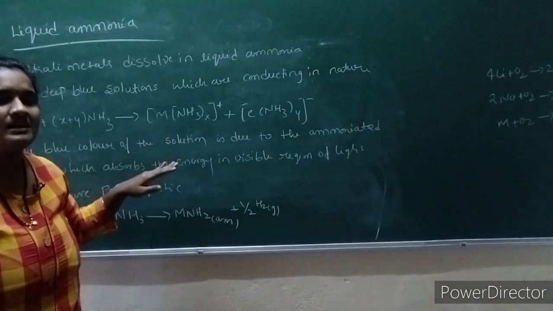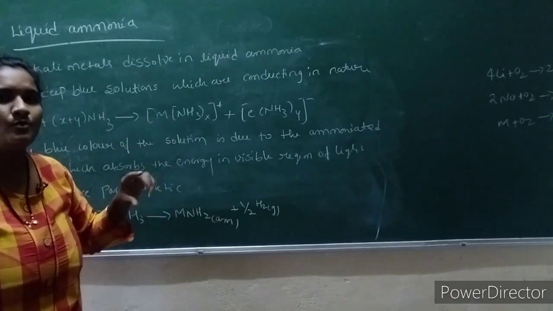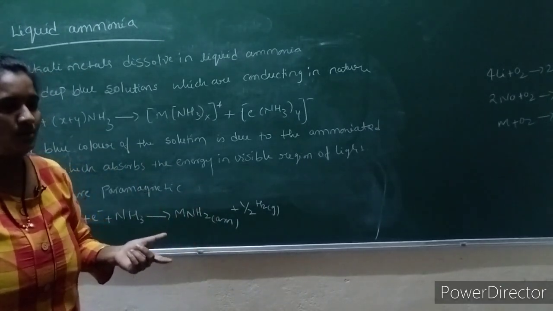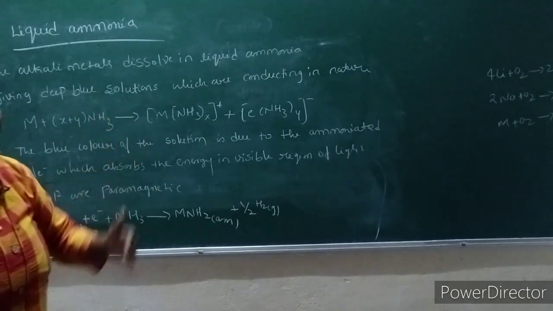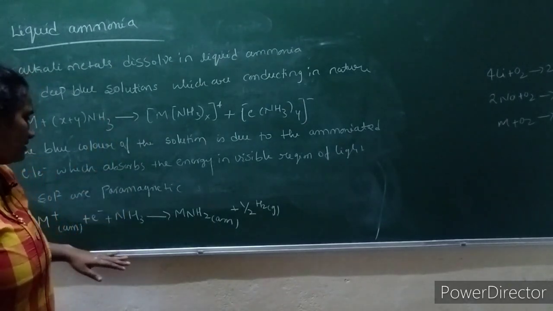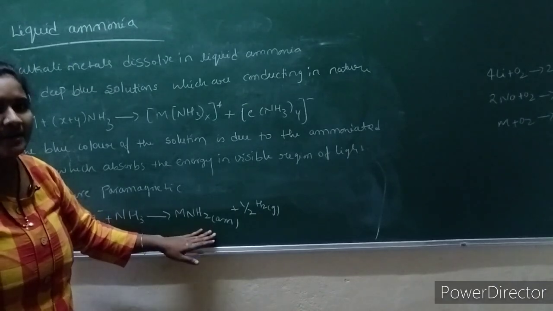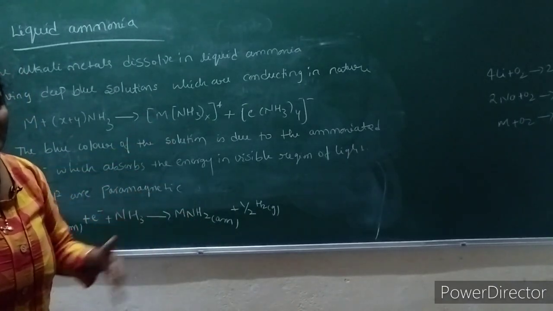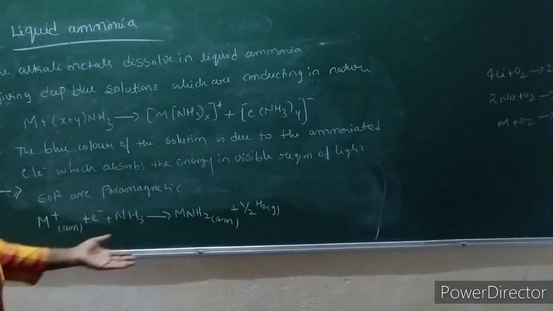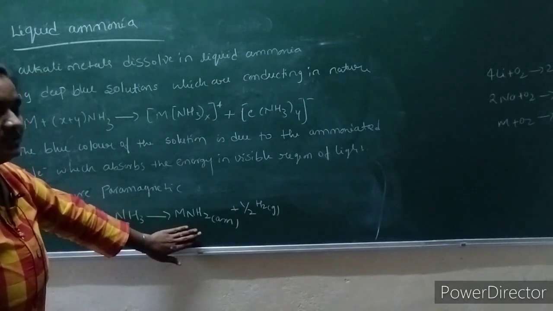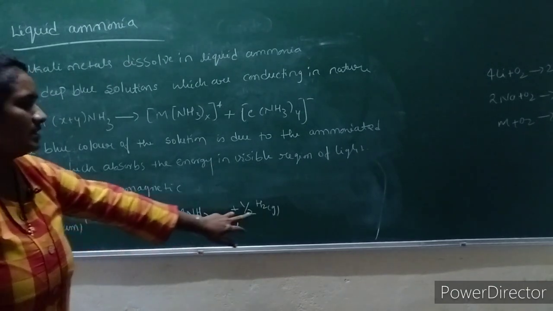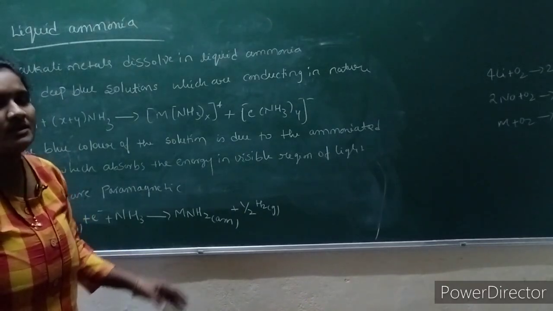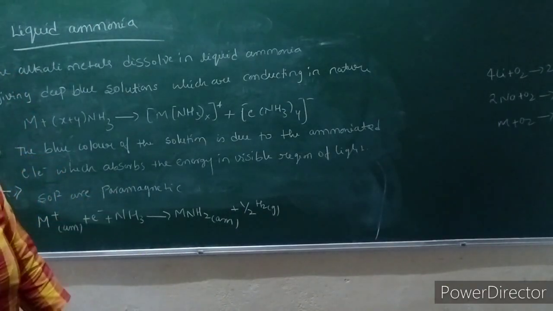Upon standing they liberate dihydrogen and form the corresponding amides. So these ammoniated ions slowly convert into the corresponding metal amides with the liberation of hydrogen, and these alkali metal ammonia solutions are paramagnetic in nature.